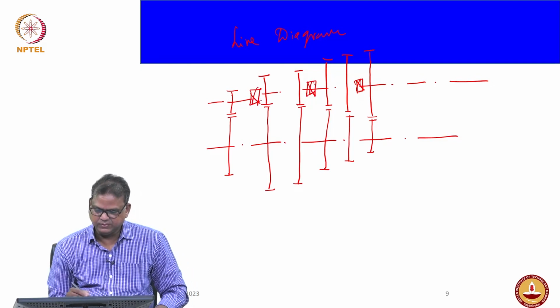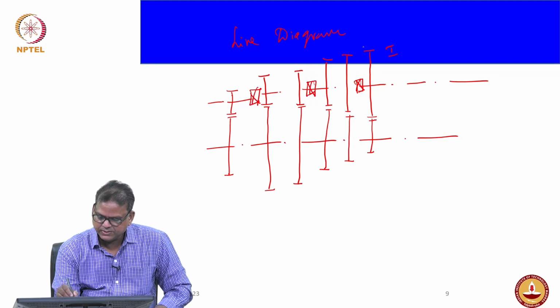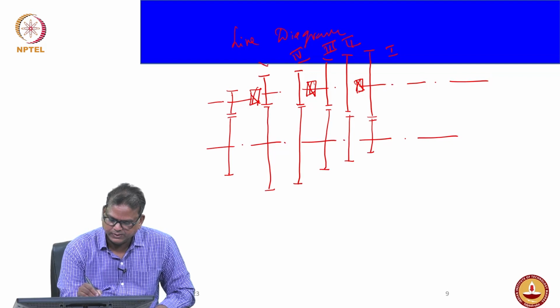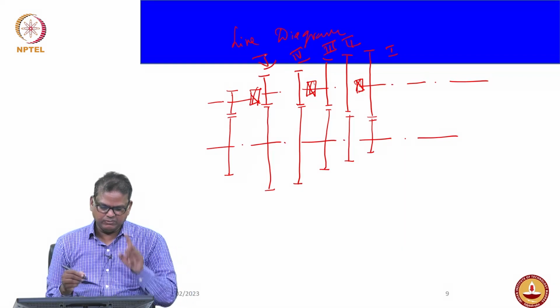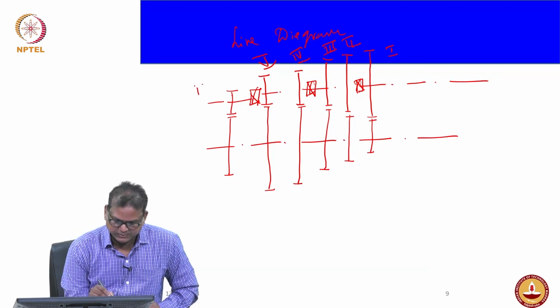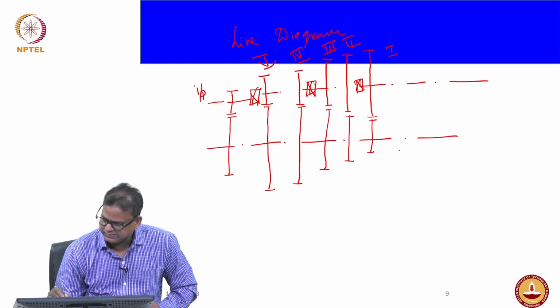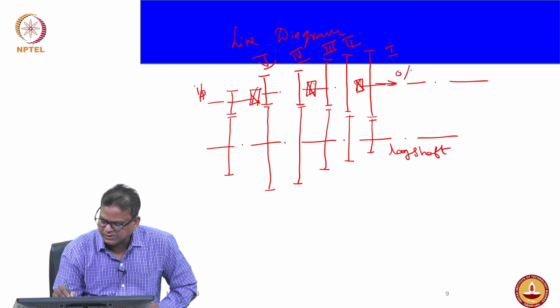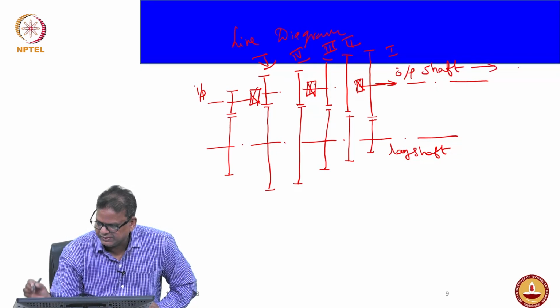You can see the first, second, third, fourth and fifth. One piece of information I would like to give: this is the input shaft from the clutch, this is the layshaft, and this is your output shaft going to the further engine aspect.